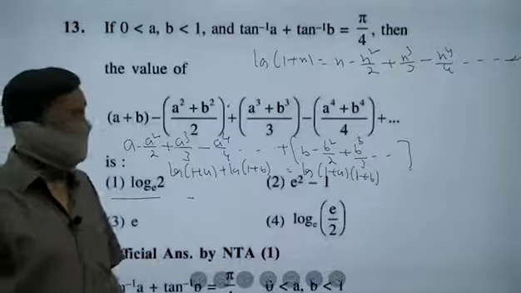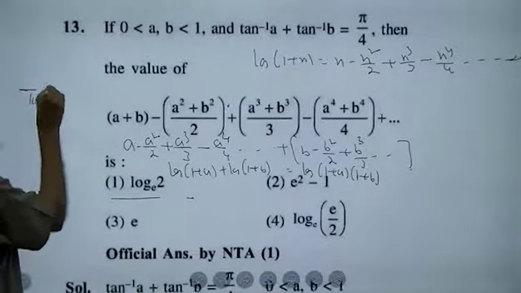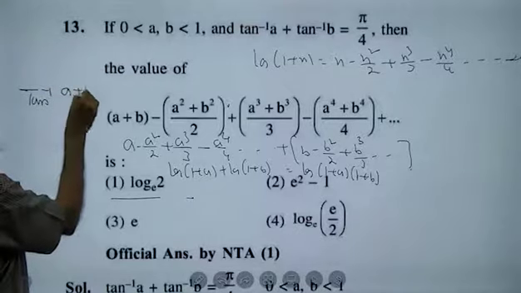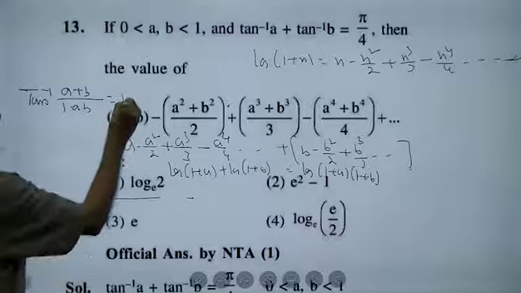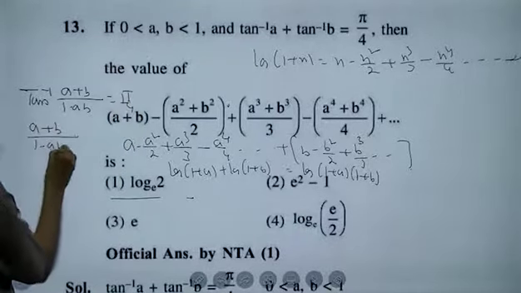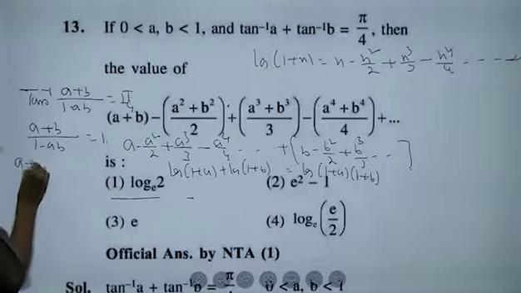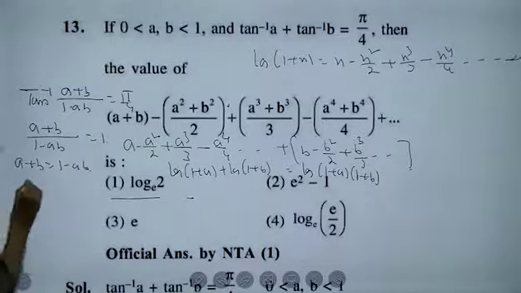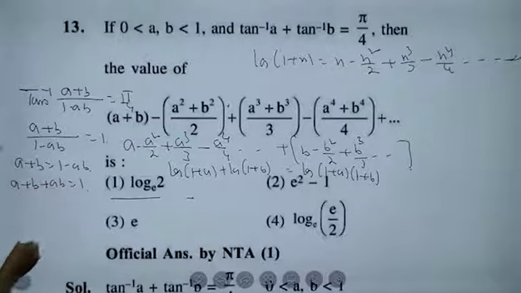You know this. Now, that is tan inverse of a plus b by 1 minus ab is what? Pi by 4. So, a plus b by 1 minus ab is 1. So, a plus b is equal to this. So, a plus b plus ab is 1.